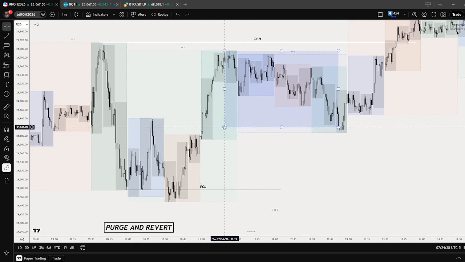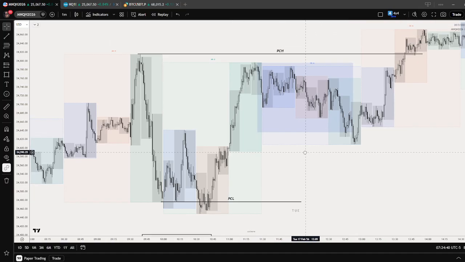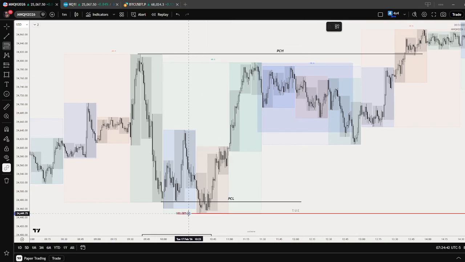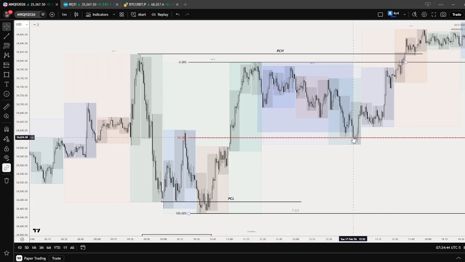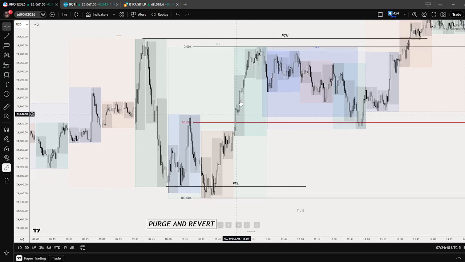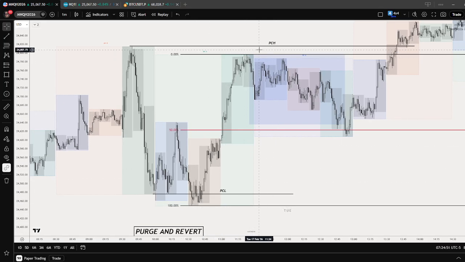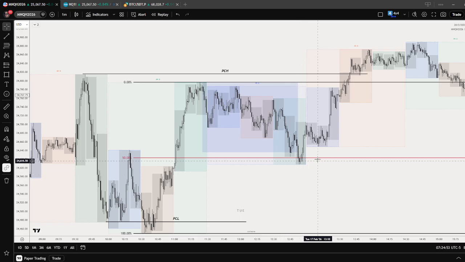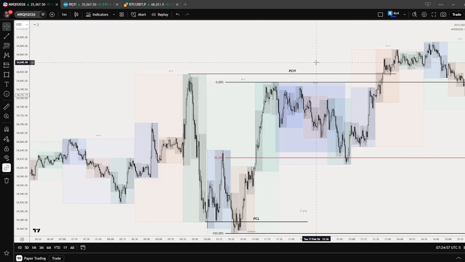But this is nothing more than just a retrace. The retracement ended at 50% of the range of this expansion. So we expanded, we retraced to 50%, and we expanded once more to the previous cycle high.